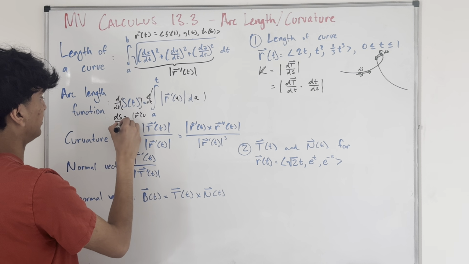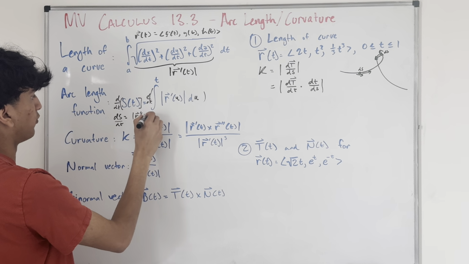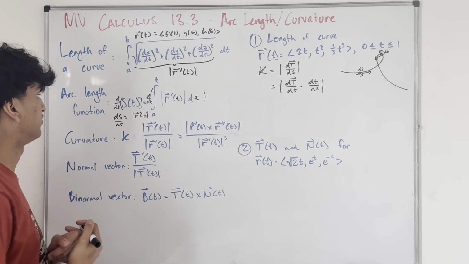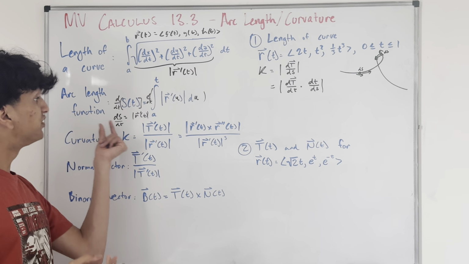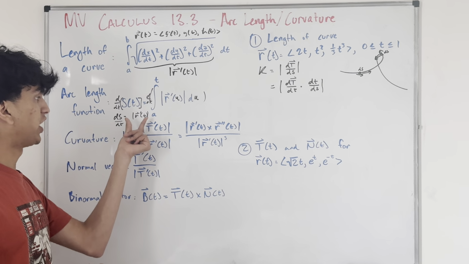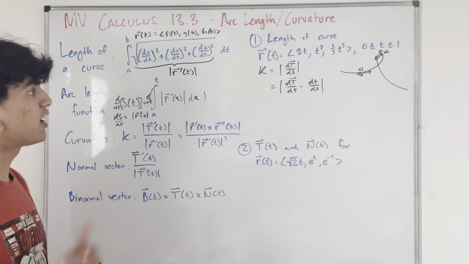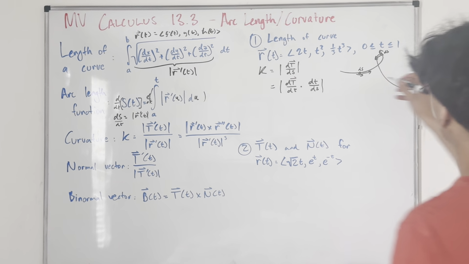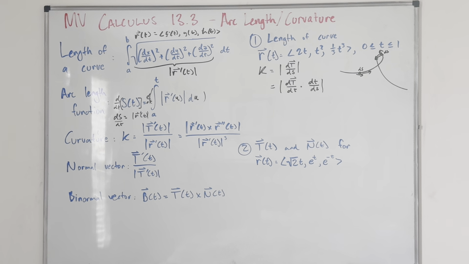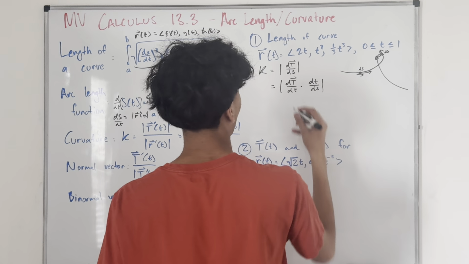It's like this with the t variable when you do your FTC. And ds/dt is really just the magnitude of the velocity vector, which makes sense: the change in length over change in time just ends up being the speed, the magnitude of the velocity vector.